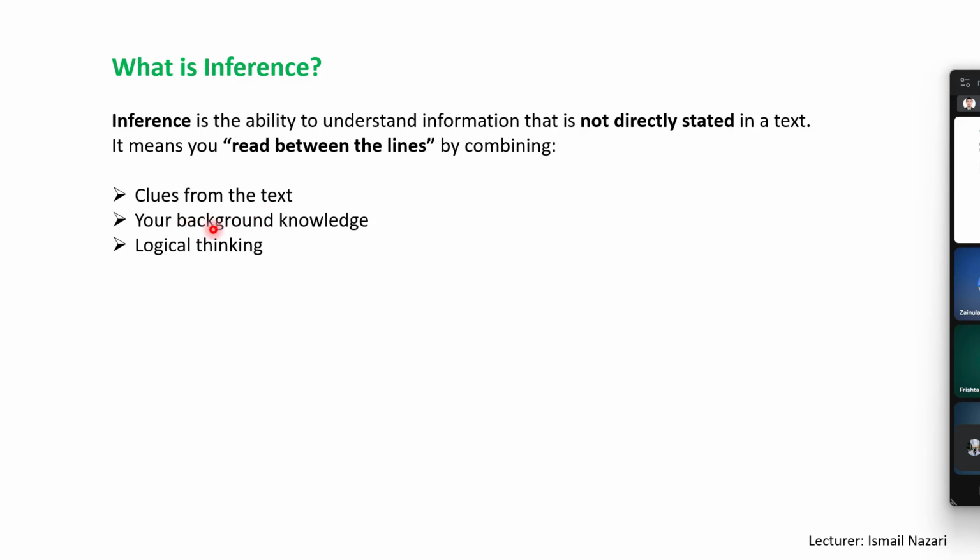We will use our background knowledge, what we already know about the topic, and then we will use our logical reasoning or logical thinking in order to have the right conclusion. So that's what we have as the inference itself.